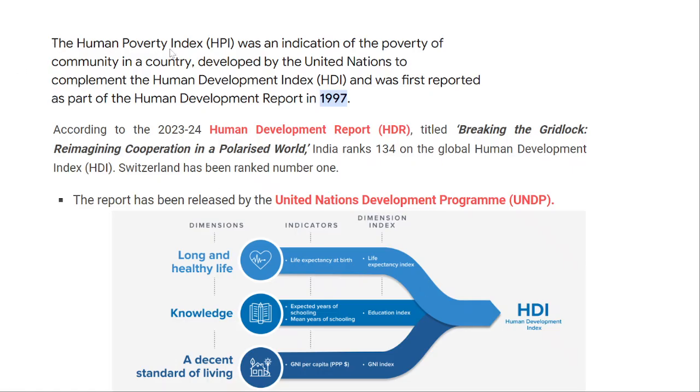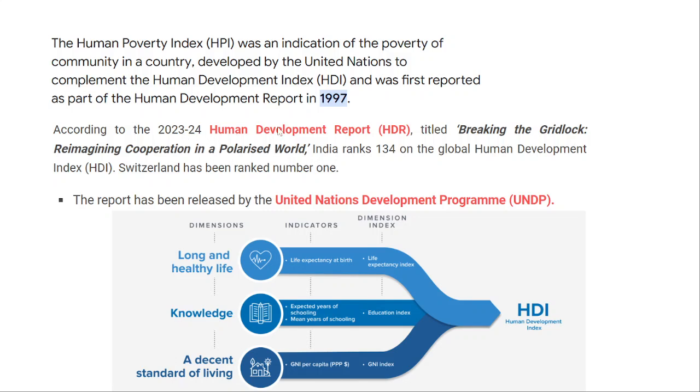So if you look at the Human Poverty Index, it is an indication of the poverty of a community in a country, developed by the United Nations to complement the Human Development Index. First there was the Human Development Index, and the Human Poverty Index was first reported as a part of the Human Development Report in 1997. Human Development Index questions are also frequently asked.